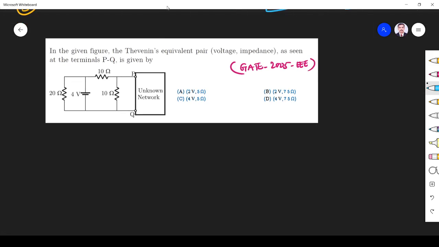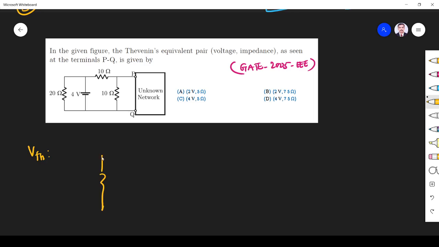Okay. Third problem, what they ask here: in the given figure, the Thevenin's equivalent pair as seen by terminal P and Q. So we have to find the Thevenin's equivalent across this terminal. First I find Thevenin's voltage, which is nothing but open circuit voltage.